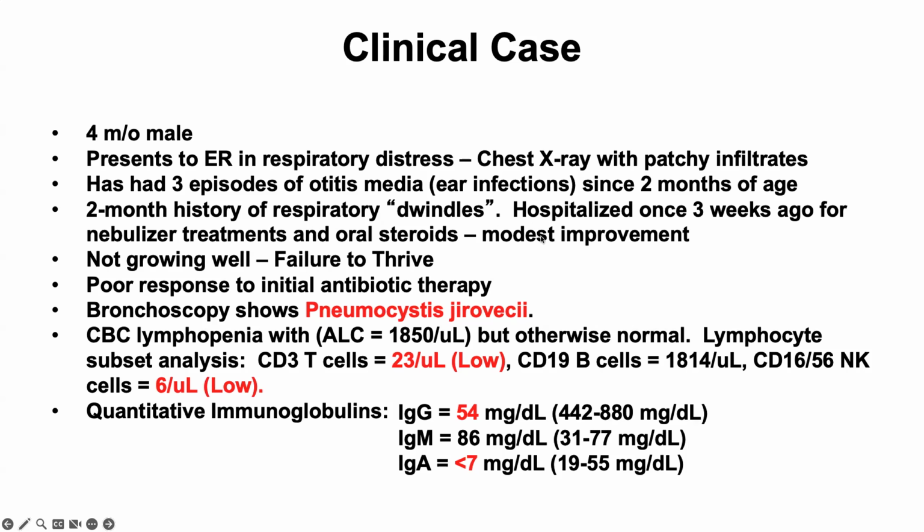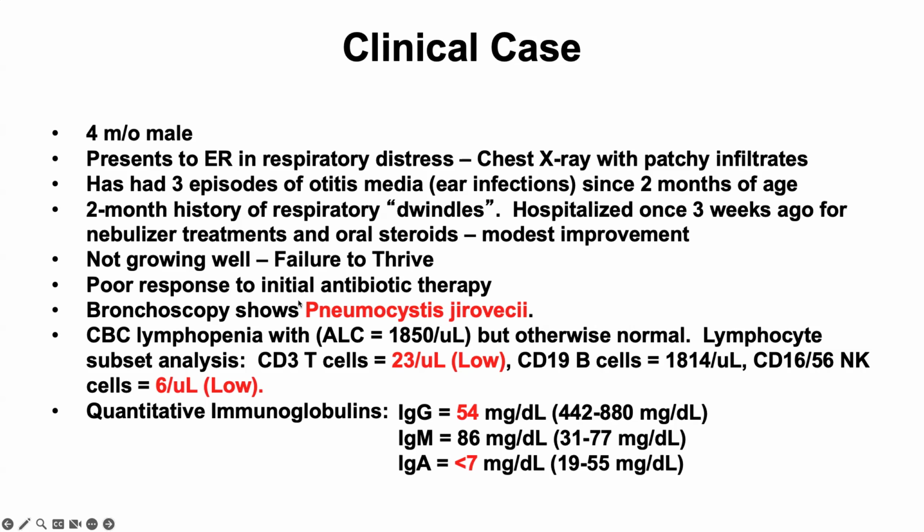His responses to antibiotic therapy for his lung infection were just not very good, so they brought him back in, and his bronchoscopy now shows Pneumocystis jirovecii, which we all have. It's in all of our airways. It doesn't cause you problems unless your T cells don't work. It used to be PCP pneumonia, now it's PJP pneumonia, and it is one of the hallmark infections of HIV. Once your T cell numbers drop below a certain level, you are susceptible to this.